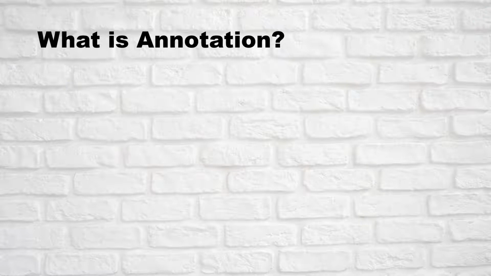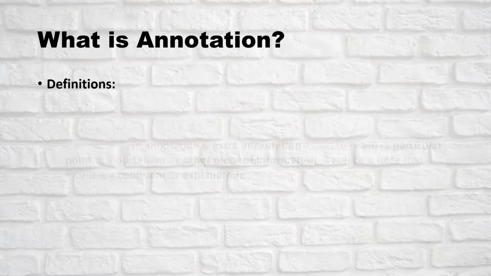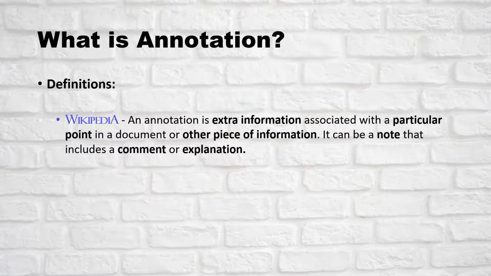So what is annotation? First, the definition. The ritual. But as always, I don't have my own definition. I don't believe in definitions, but let's quickly see what the world is saying. The first one is Wikipedia.